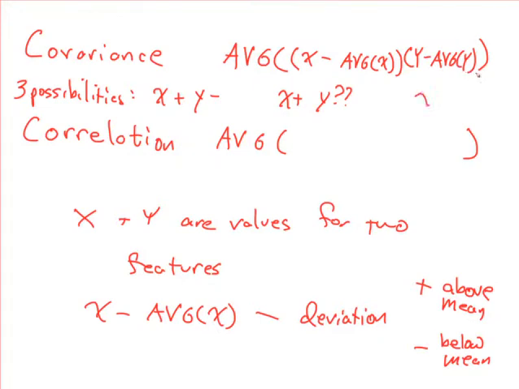Or it could be that if x is above the mean, then y is above the mean, and vice versa. So if we want to put the vice versas in: if x is above the mean, y is below. If x is below, y is above. Or if x is above or below the mean, we don't know what y is doing. And finally, if x is above the mean, y is above. If x is below the mean, y is below.